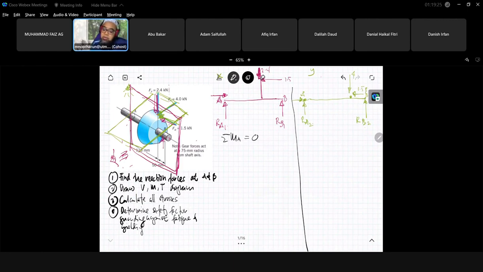This is 75, this is 75. And this is 125, and this is 50, same as this is 125, this is 50.